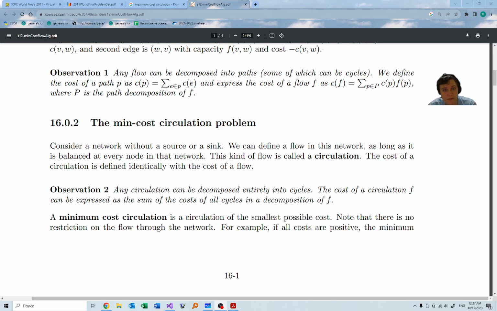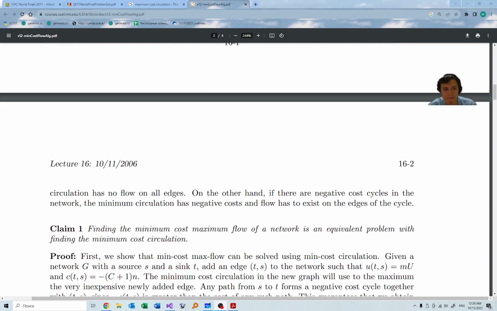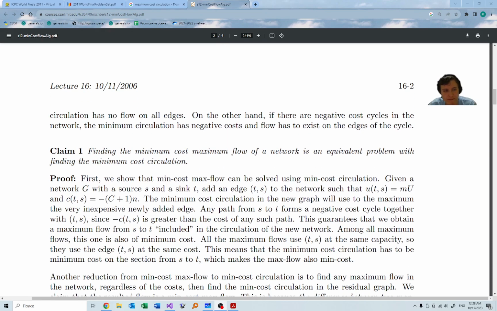The minimum cost circulation problem. Oh no, finding the minimum cost maximum flow is equivalent with finding the minimum cost circulation.